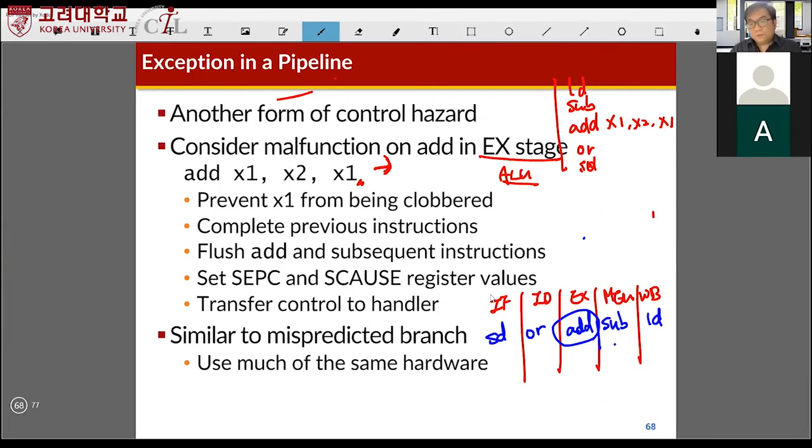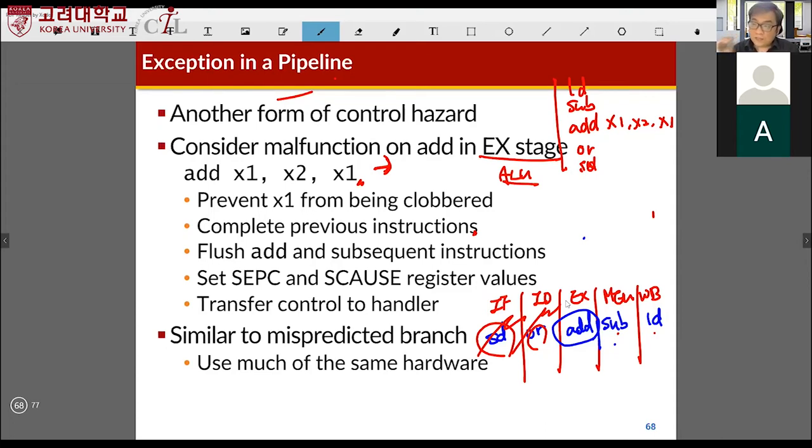The pipelined processor needs to implement what I explained: completing previous instructions like here and here, and then flushing the following instructions.